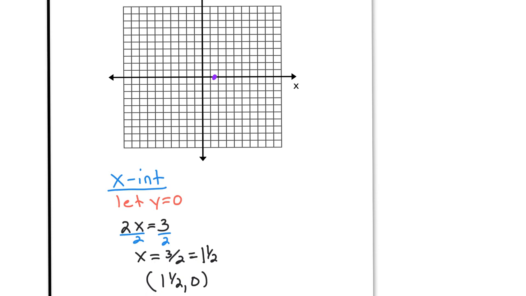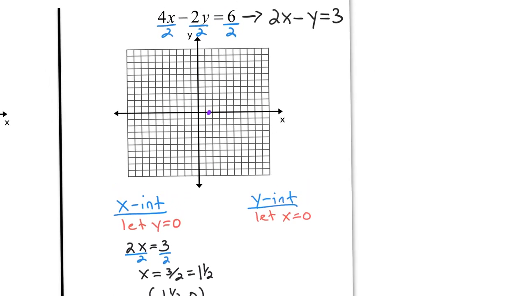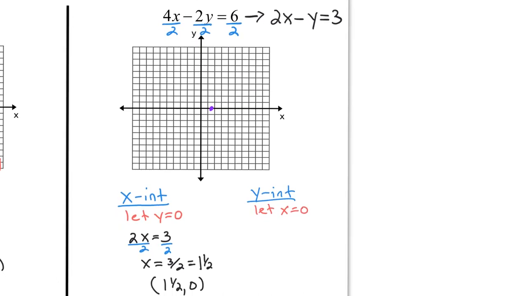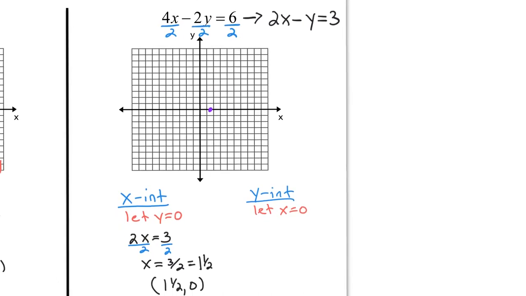Now, when you want to find the y-intercept, you are going to let x equal to 0. So once again, let me go back here to the equation. When you let x equal to 0, you can actually ignore the x. So I'm going to bring down the box here, the same box I used before, and cover up the x, just like that. I cover up the 2x, I don't need it because eventually that's going to turn into 0.